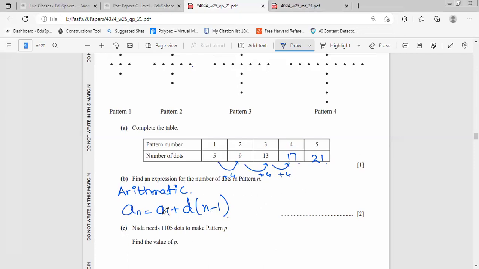So if we replace all these values, we will write 5 plus 4(n minus 1). When we expand it, we get 5 plus 4n minus 4. 5 minus 4 is 1. So the final answer is 1 plus 4n or 4n plus 1. It's up to you how you write it.